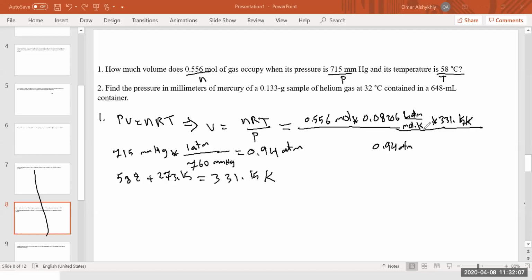So Kelvin with Kelvin, mole with mole, atmosphere with atmosphere.